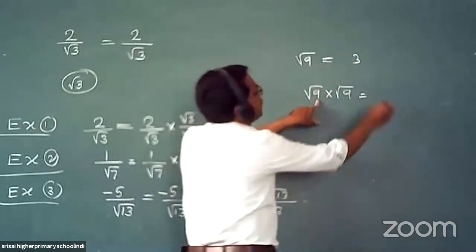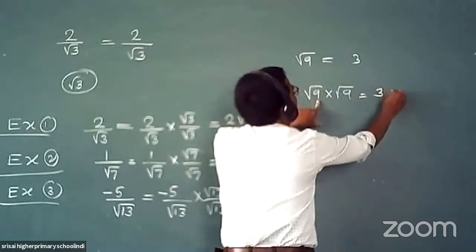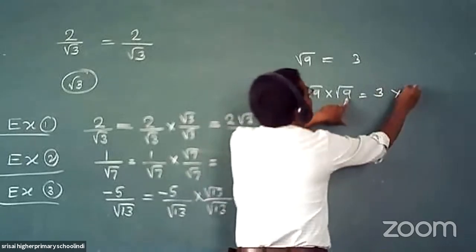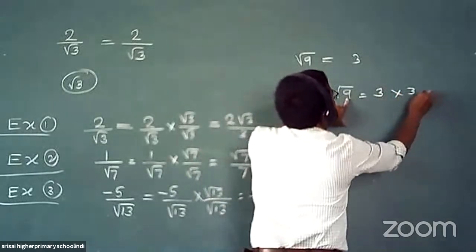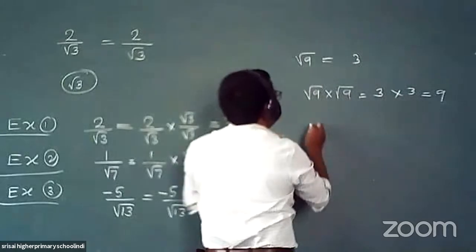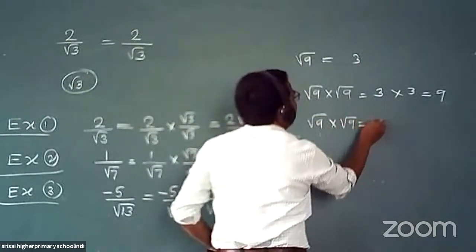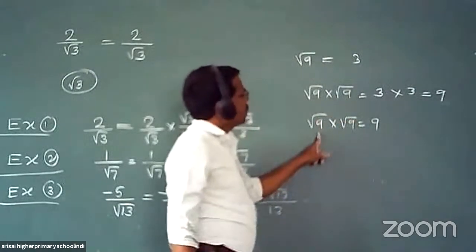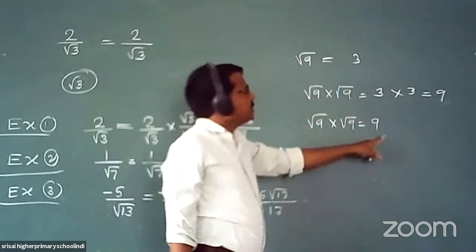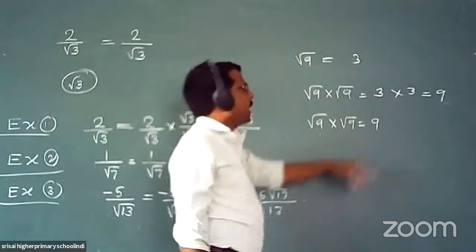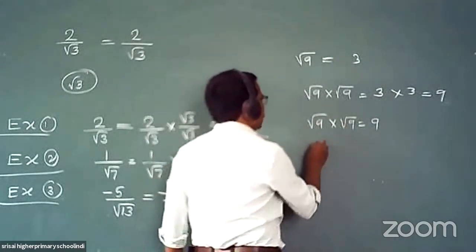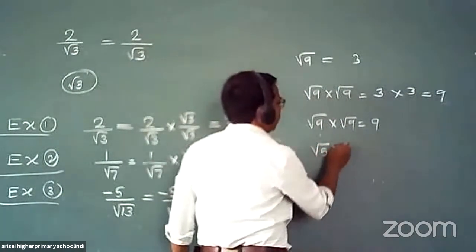Square root of 9 means I'll write 3 here. 3 times 3 is how much? 9. Means the square root of 9 into square root of 9 is 9.